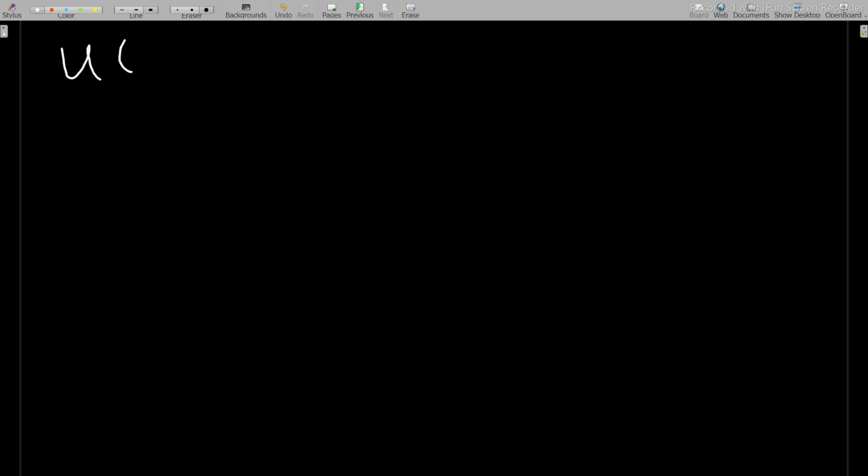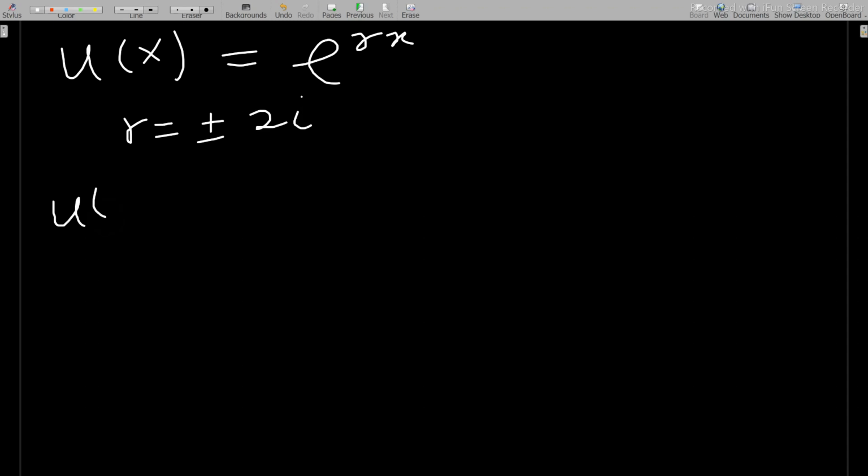Since we said our u of x should be equal to some e to the power rx, and you know that r is equal to plus or minus 2i, when you are solving equations like this and you get complex values, you just pick the positive one, okay? So u of x equals e to the 2i x, because that is our r. I said we should pick the positive one, okay?